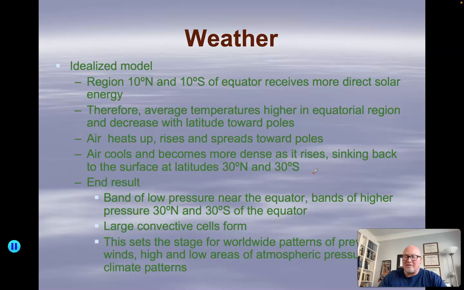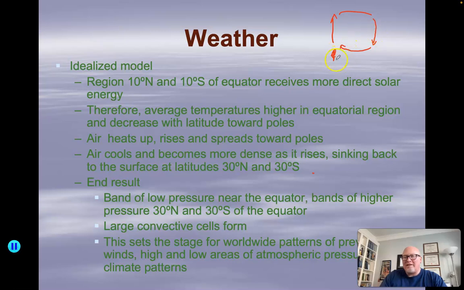Okay, and this creates convection currents, the same kind of convection currents that we talked about when we were looking at moving fluid. If you have an uneven heating of a fluid, it's going to rise wherever you have a heat source. Let's say this is a heat source. It's going to rise, it's going to move across to fill an empty space, cool and drop, and then come back this way.